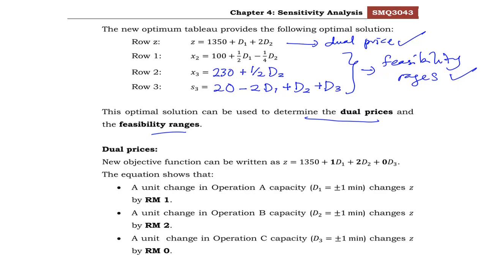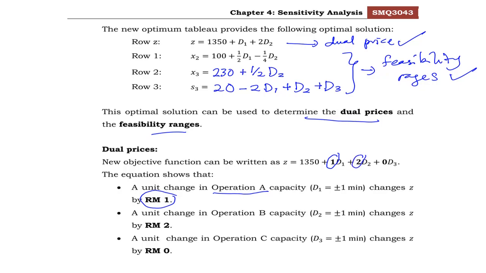plus 0D3, right? Okay, actually the equation shows that a unit change in operation A, first constraint, capacity. So D1 equals plus minus 1 minute, because this is in minutes, right? So it will change Z by RM 1. For the second constraint, we look at the coefficient of D2.